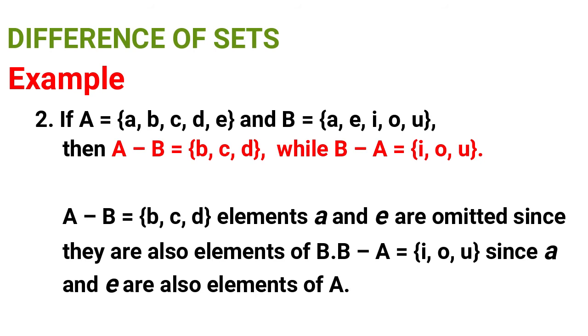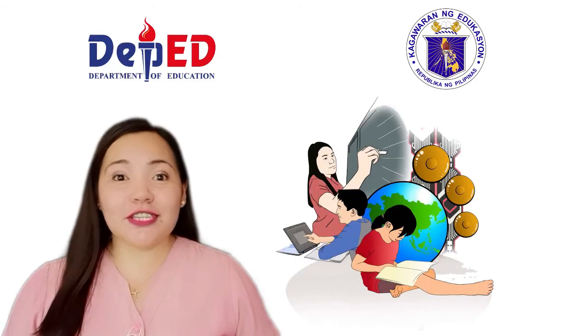Elements a and e are omitted since they are also elements of B. Then, B minus A is equal to {i, o, u}, since a and e are also elements of A. Do you follow me?